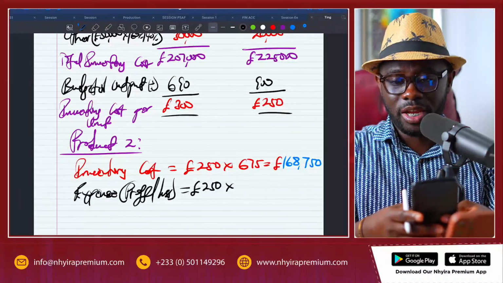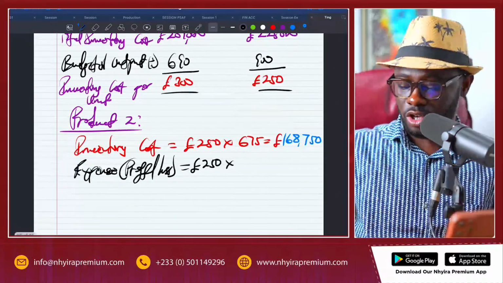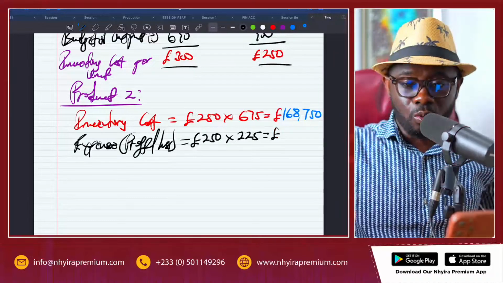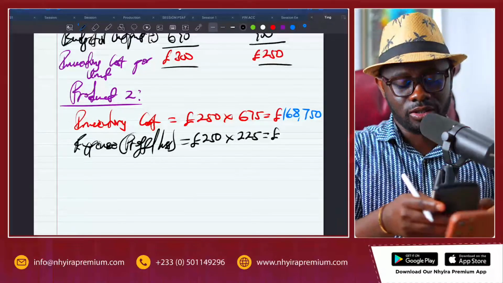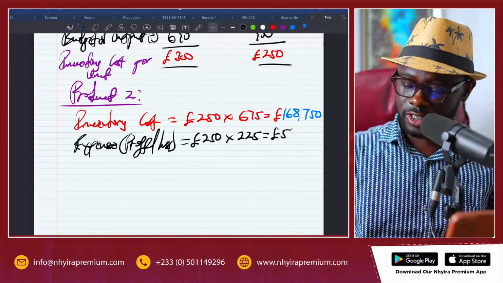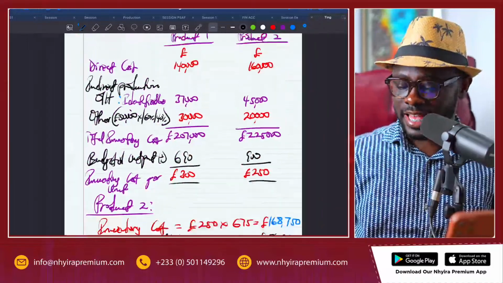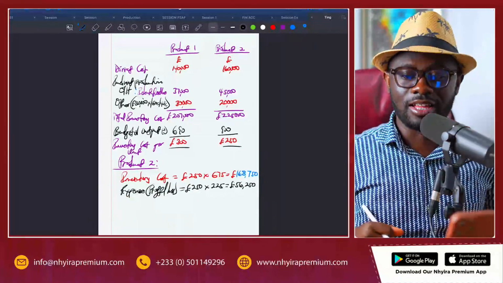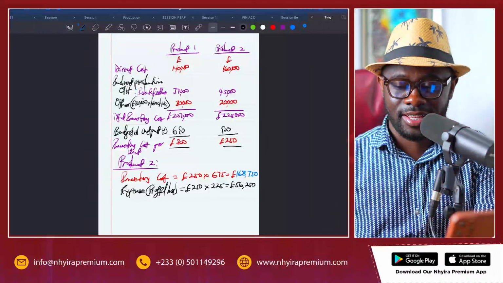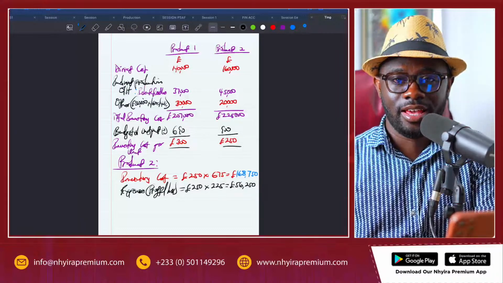So how many units did we lose? We lost 225. So what will go to the P&L account, 225 by 250, will be 56,250 pounds. This is the answer to the question.